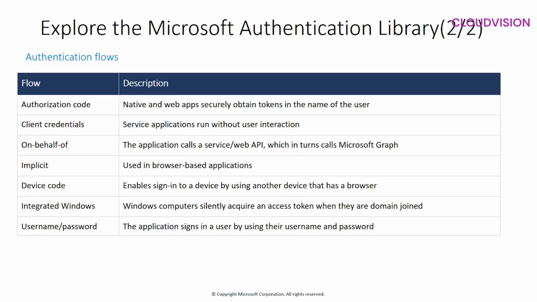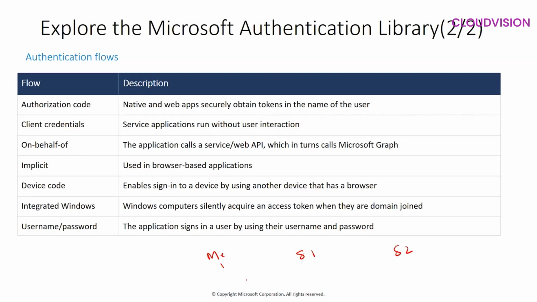On behalf of: let's say my application is talking to service one and service one is talking to service two, right? Service two is not aware of me. It is only aware of service one. So let's say this is me, my application, this is service one and this is service two.